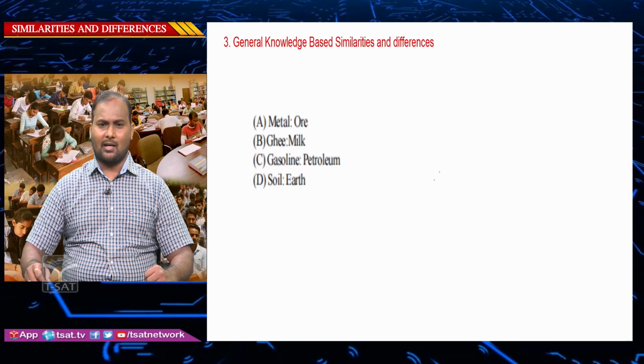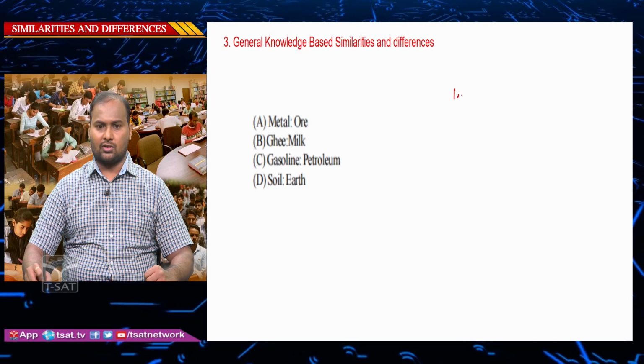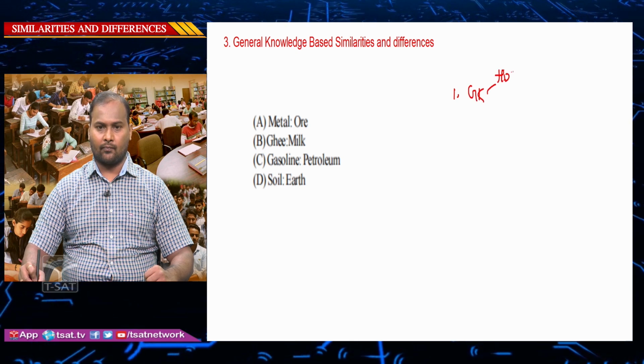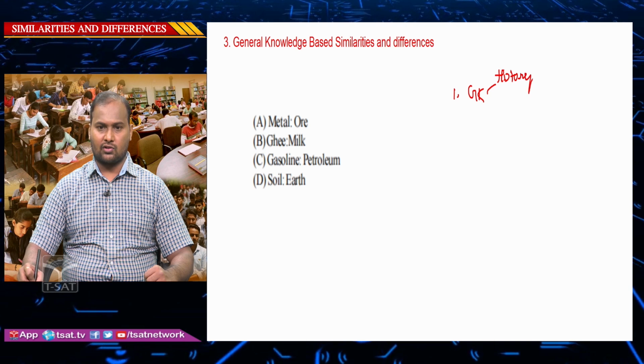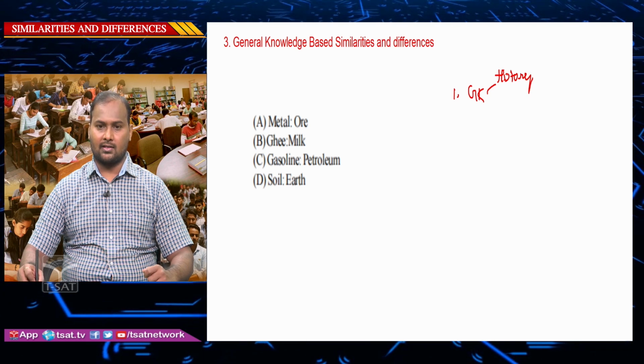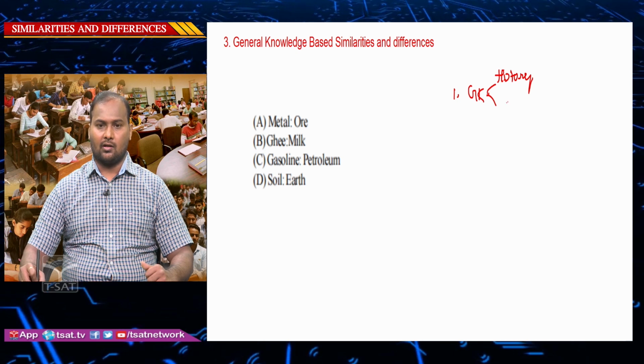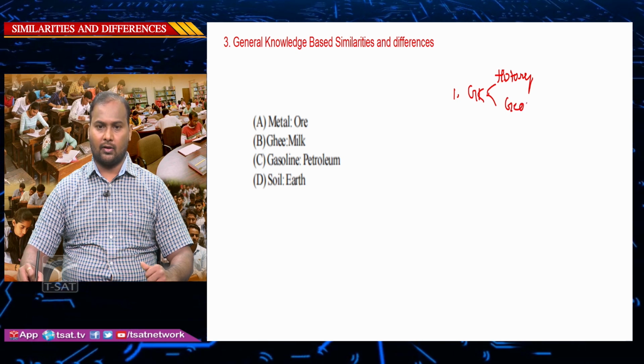We are going to different types of similarities and differences that are based on general knowledge or vocabulary. In this type of question, a student should know general knowledge regarding history, because they will ask questions about different kings, kingdoms, poets, wars, battles, etc. In the same way, one should know geography.